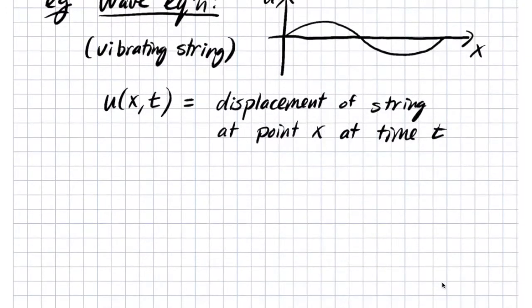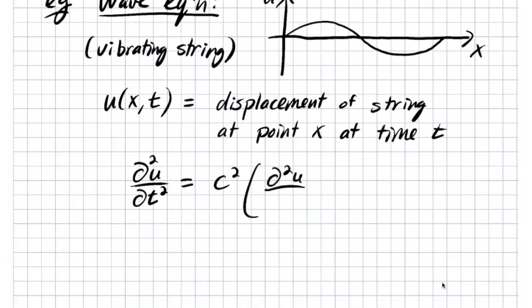And what is the wave equation? Well, it says that the acceleration, so the second derivative of u with respect to t, is going to be proportional to the same expression as above, the sum of second order partial derivatives.